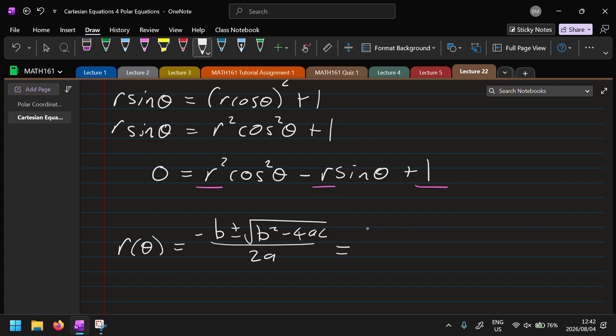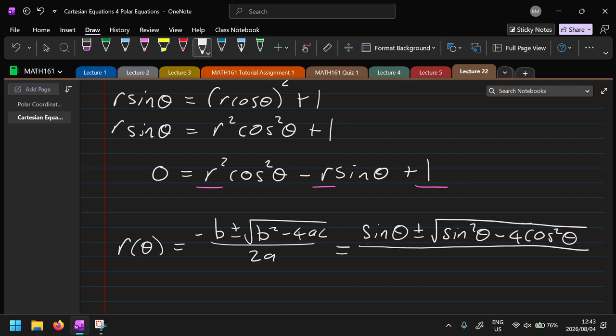Minus b is just going to be sine theta, plus or minus the square root of b squared, that's just sine squared, minus 4 times a, which is cos squared, and c is just 1, all over 2a, so that will be 2 cos squared.